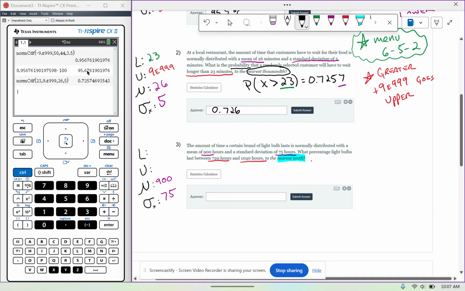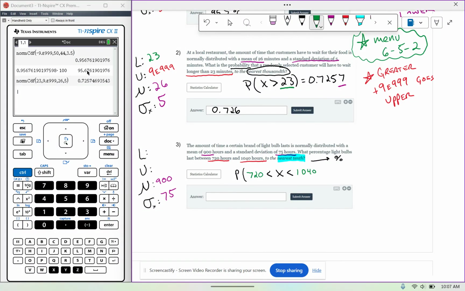So again, that is going to be a percentage. So this time when we write the probability, we're going to write it as probability and leave some space. You're going to start with your lowest number, which is 720, and I'm getting my numbers from here. 720 is less than X and less than, we're going to write the upper number, 1040.